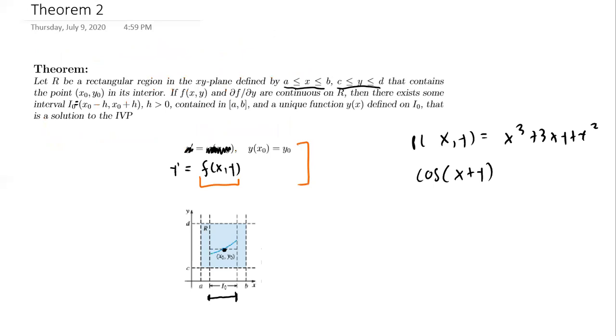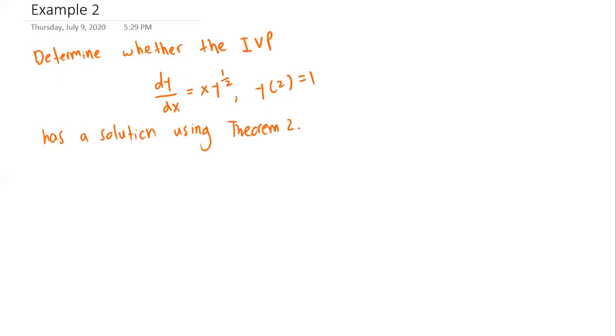What do you need to do? You want to write your differential equation in this form: y prime equals something. So basically solve for y prime first. In this example, we already have y prime by itself on one side of the differential equation, so we're good.